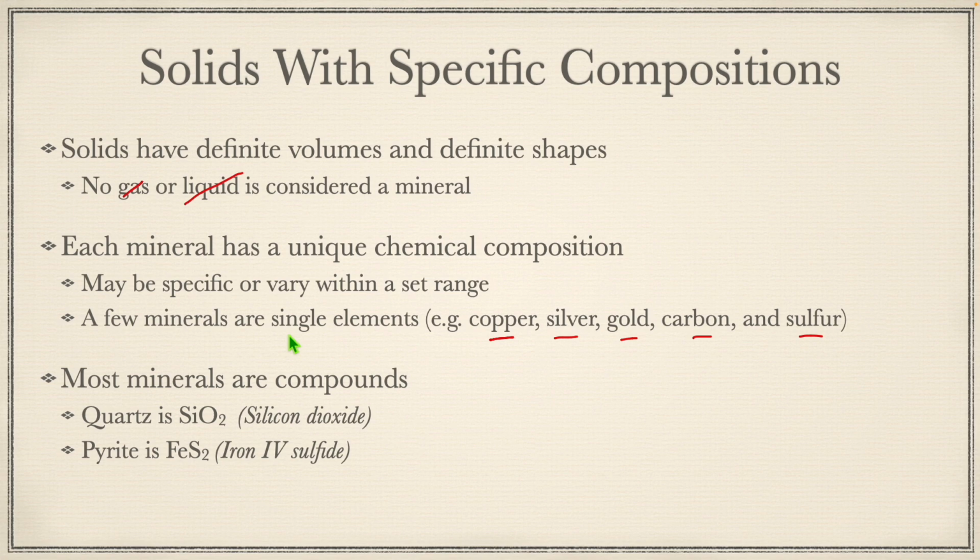So for example, quartz is SiO2, which is silicon and oxygen, and it's actually called silicon dioxide. Pyrite is iron and sulfur, FeS2, and that's actually iron(II) sulfide. Won't get much into the naming of those, but just kind of know these are made of multiple elements that are bonded together.